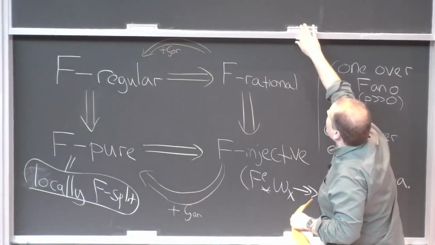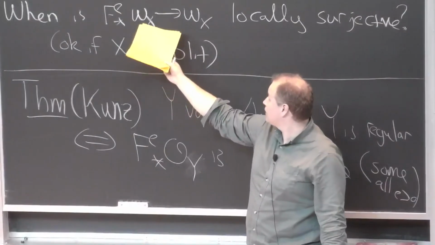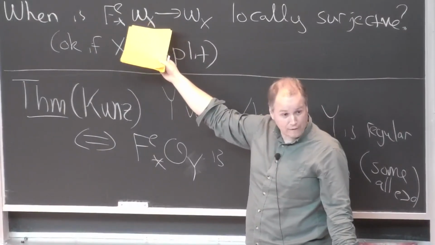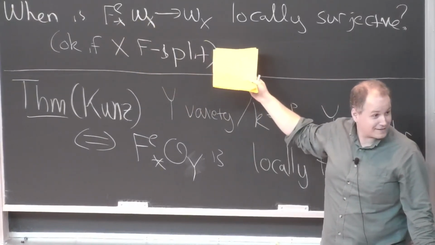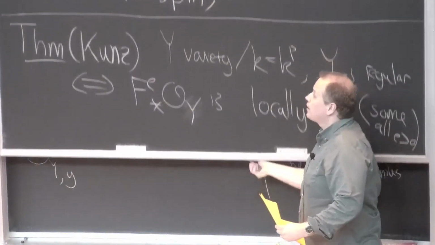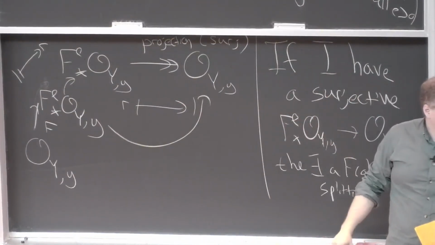Let me put it this way. If omega is locally free, then locally this looks like OX, and I gave you a surjection from Fe lower star OX to OX, and I just proved to you that if I give you a surjection, that actually gives me a splitting.